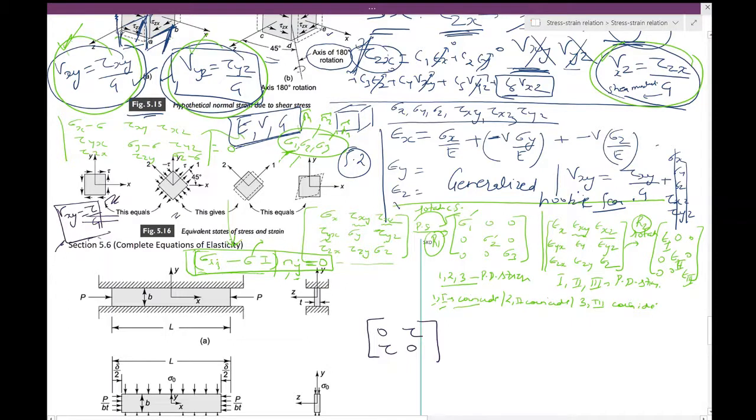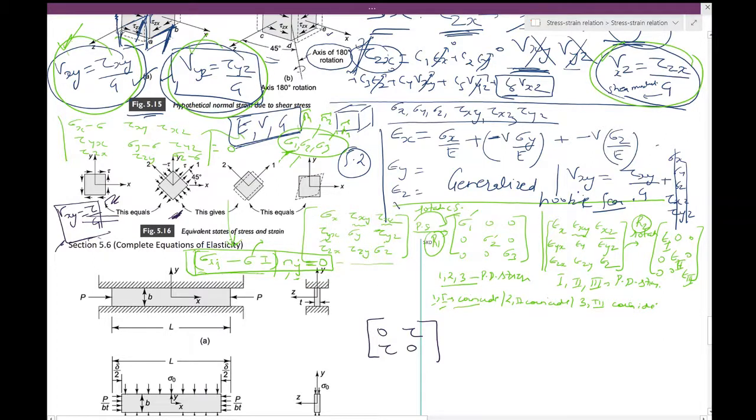Now you want to find another expression for gamma xy in a manner which is indicated to you like this. The stress component tau is equivalent to a principal state of stress with component sigma 1 equal to tau and sigma 2 equal to minus tau. Okay, look at this particular figure.